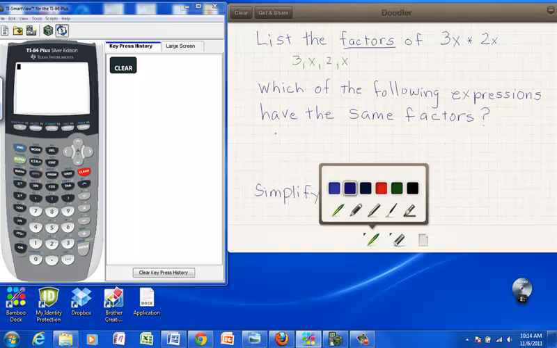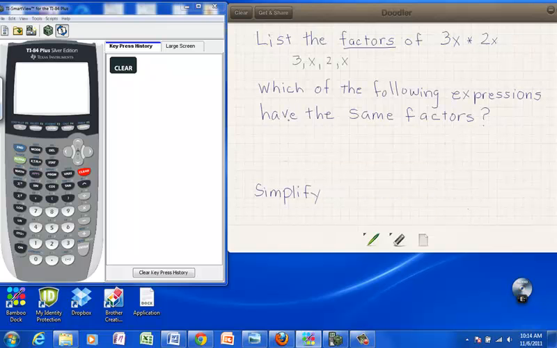So I'm going to give you some choices to see which of these expressions have the same factors as the one on the top here. Those of you who are still using x's to mean multiply are really going to have to change that now.